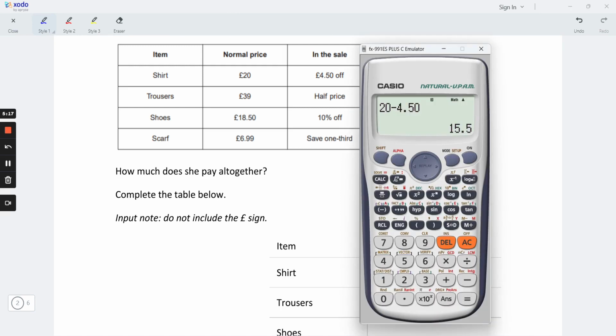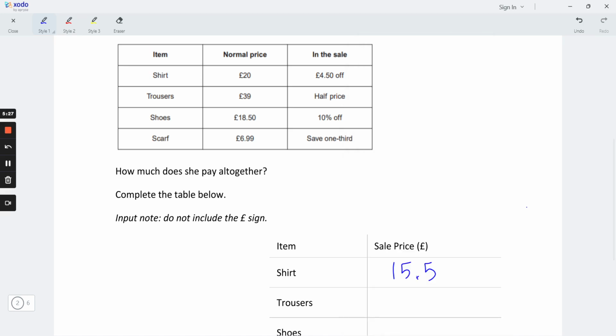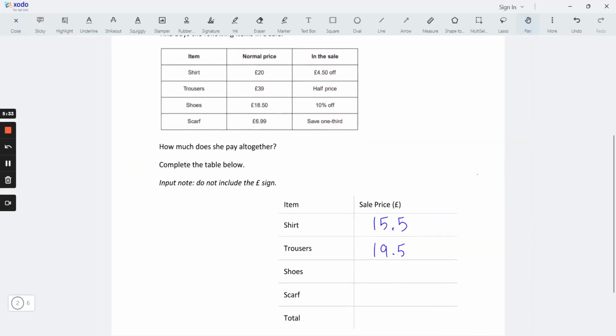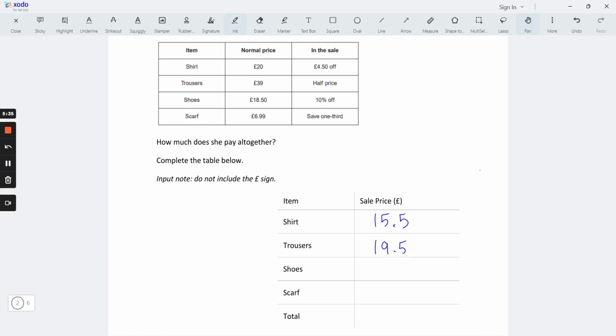Second item, 39 half price. So 39 dividing 2 equal 19.5. Next item, we have shoes, 18.50 pound. There is a 10% off.